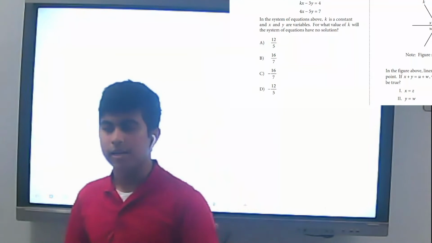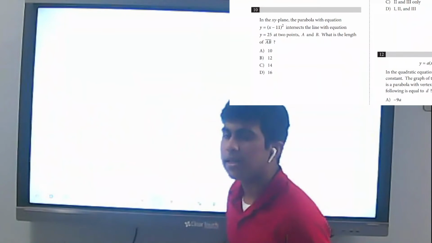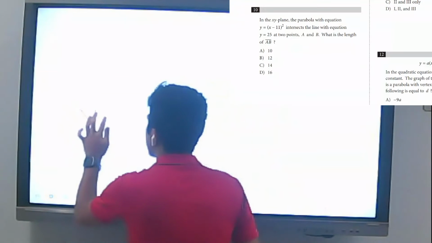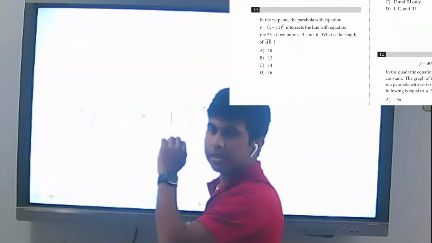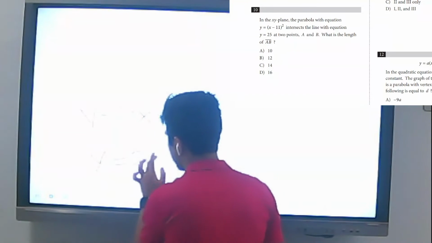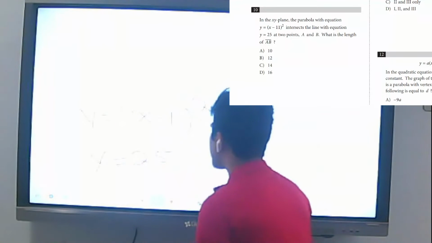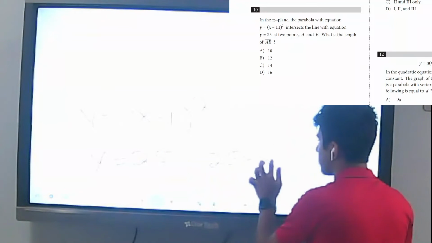Okay, let's move on to the next question. Question 10. In the xy plane, the parabola with the equation y equals (x minus 11) squared intersects the line with the equation y equals 25 in 2 points, A and B. What is the length of AB? Well, let's see. So 25 equals (x minus 11) squared.